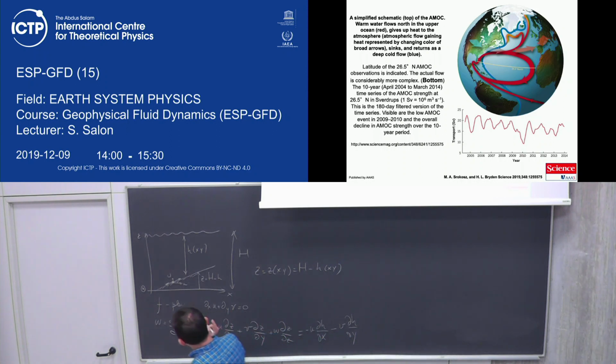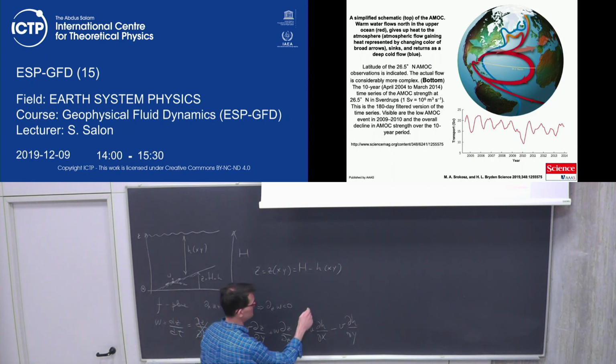But what we remember from the geostrophic flow, if we are in the F-plane, which is quite easy for us at this moment, is that geostrophic flows are naturally non-divergent on the F-plane. So it means that there is no variation in the vertical dimension, so the vertical velocity is constant.